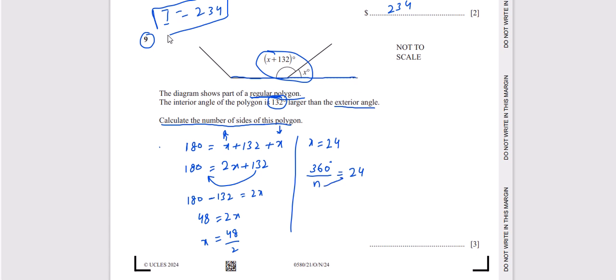So n shifts to this side and 24 shifts to this side. So 360 divided by 24 is equal to n. 360 divided by 24, n is equal to 15. So the final answer is 15.